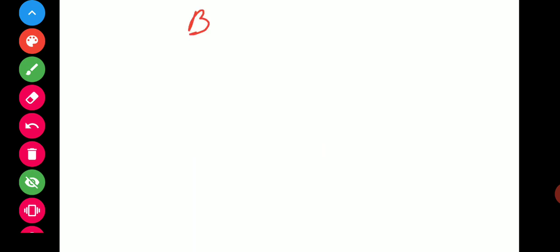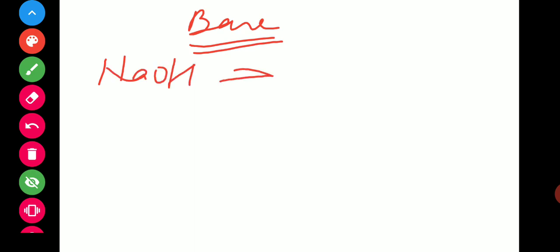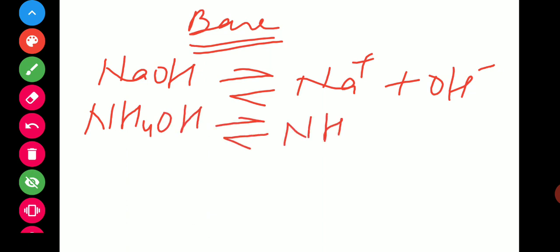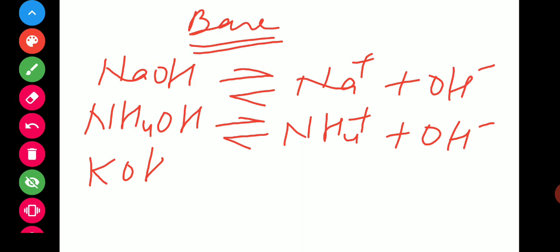Similarly, bases, what are bases? Bases are those that give hydroxyl ions. Suppose sodium hydroxide NaOH gives hydroxyl ion like this, Na plus and OH minus. And ammonium hydroxide, NH4OH, gives ammonium ion and hydroxide ion. Due to the presence of these hydroxide ions, it is a base.